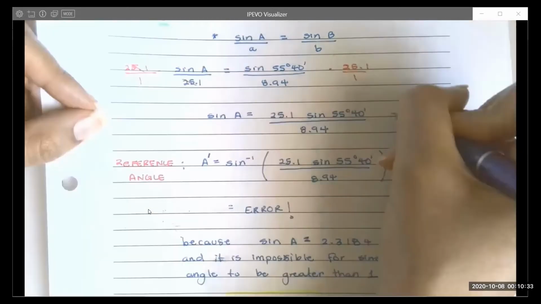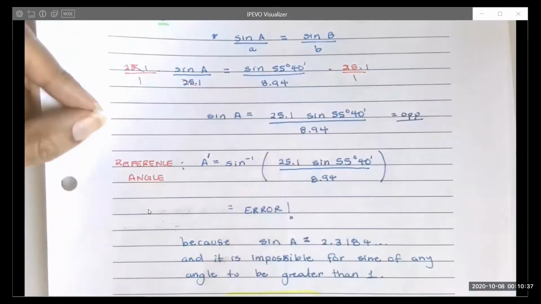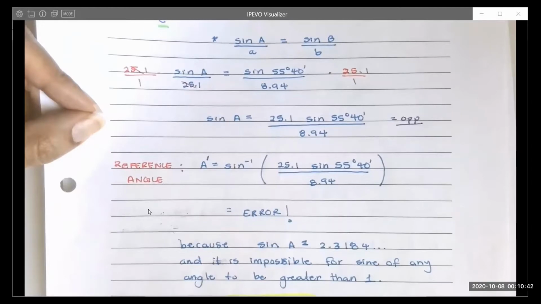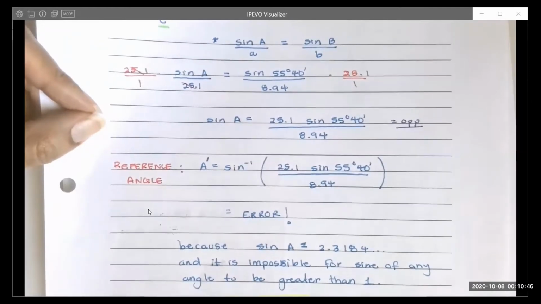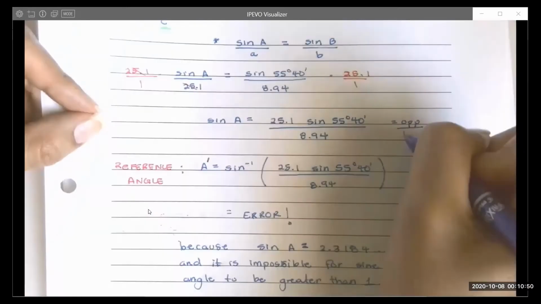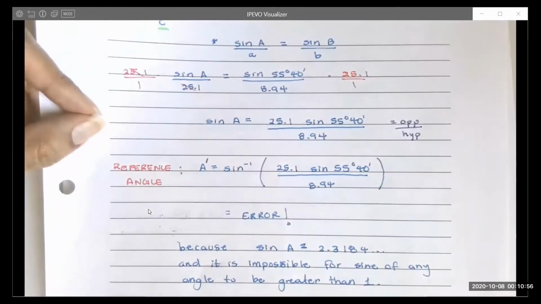Another reason to understand, because I think what I mentioned in the lecture was, well, think about the unit circle. The highest value sine ever attains is 1. And then from there it starts decreasing to -1. But also think about what it represents in terms of the basic definition. It's always opposite over hypotenuse.